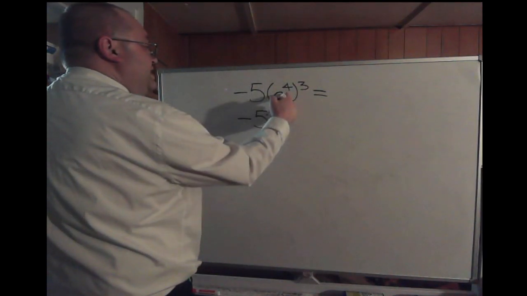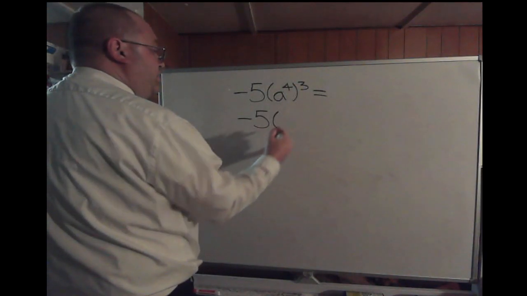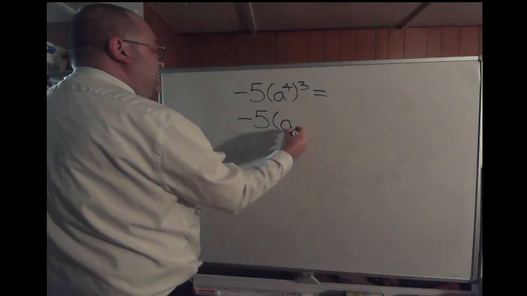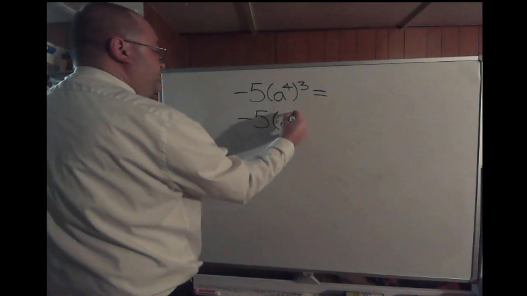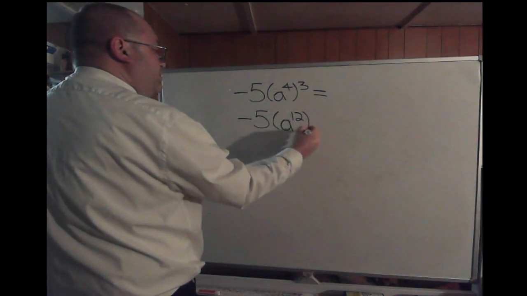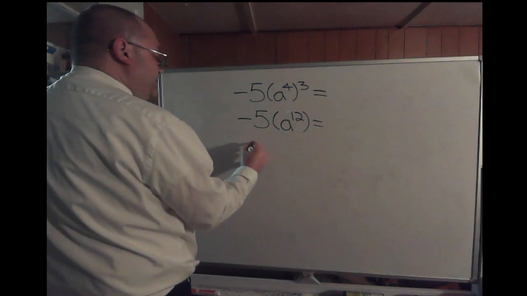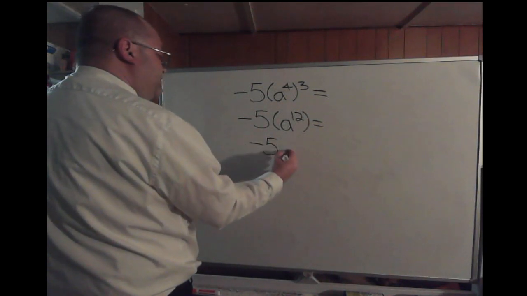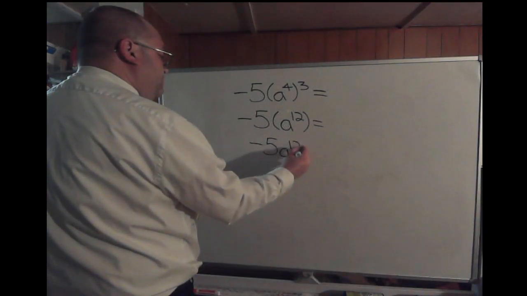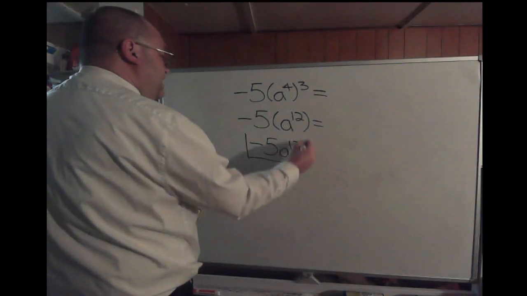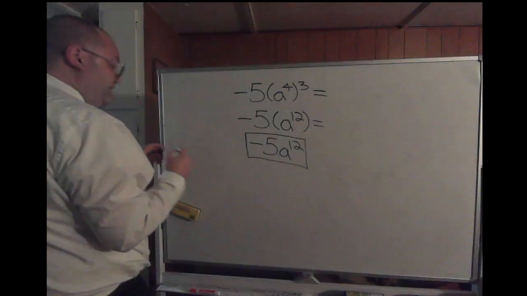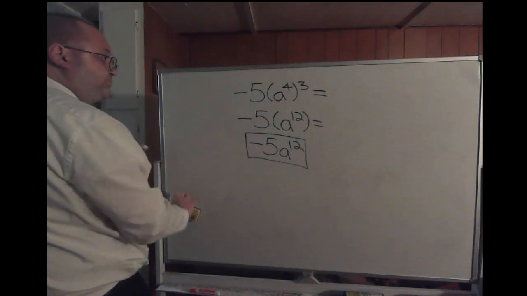So you'll take a to the fourth to the third power. Well, you'll keep your base a, you just multiply the 4 times 3, you would get a to the 12th power. Which now you can do -5 times a to the 12th, which would just give you -5a to the 12th power. And that would be the answer you get, -5a to the 12th power.